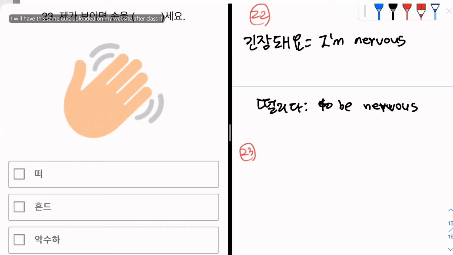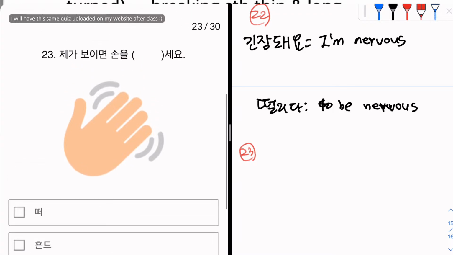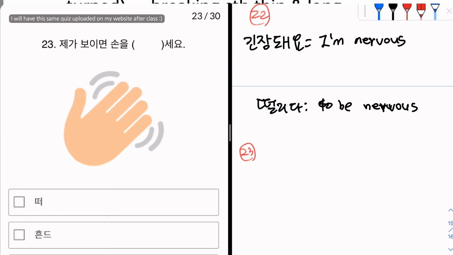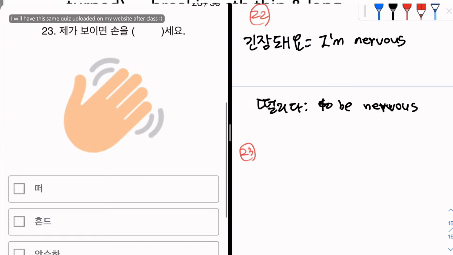23번. 제가 보이면 손을 blah blah blah blah blah 세요. So here as well, 제가 보이다. I am seen, right? So it literally means if I am seen, so it means if you can see me.